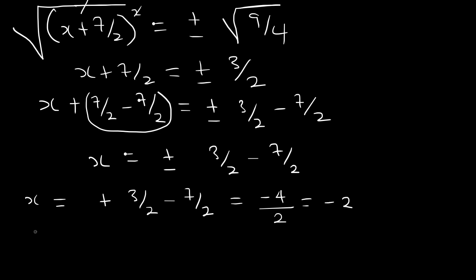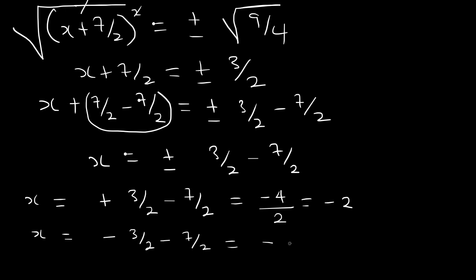Now take the second case when x is negative. So x becomes minus 3 over 2 minus 7 over 2. And that gives us, since the denominators are also the same, we'll go ahead and sum the numerators. So we'll have minus 3 minus 7.